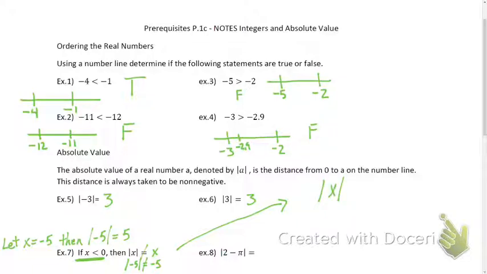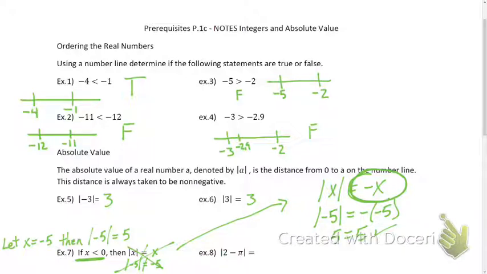So what if I flip the sign to a -x? Absolute value of -5 equals -(-5). That is a true statement. That's the answer to number 7 right there. So put an X through that one. That's not right. That's a tricky one, kind of an advanced bonus type of question.